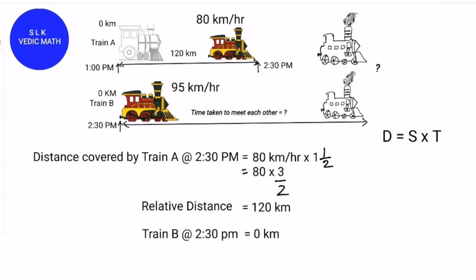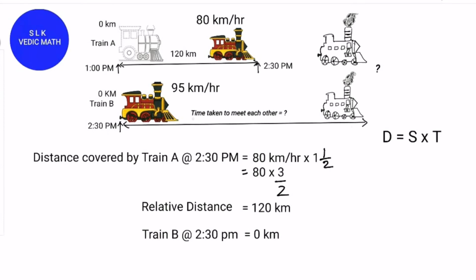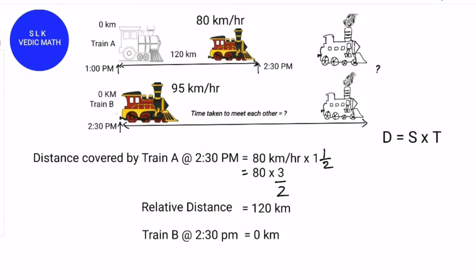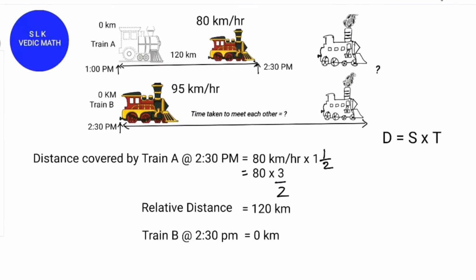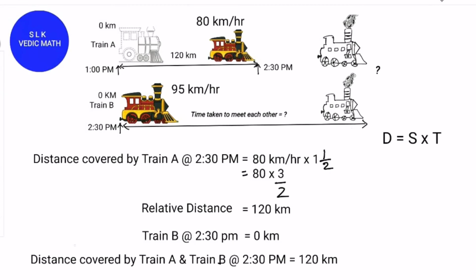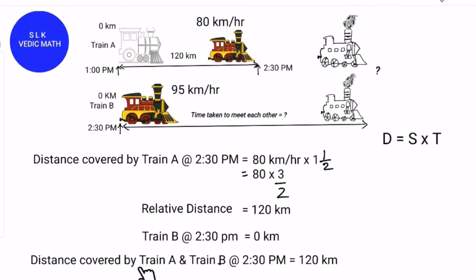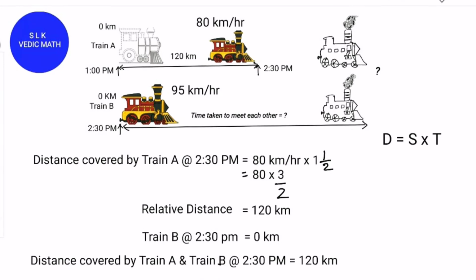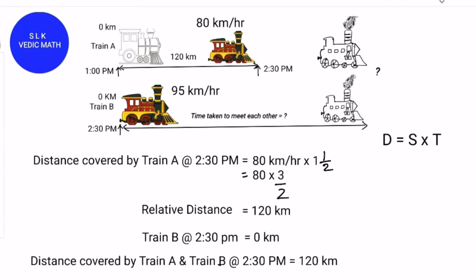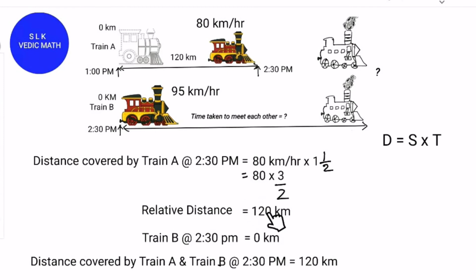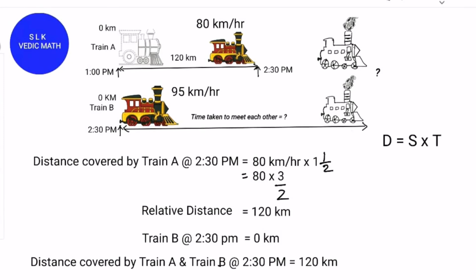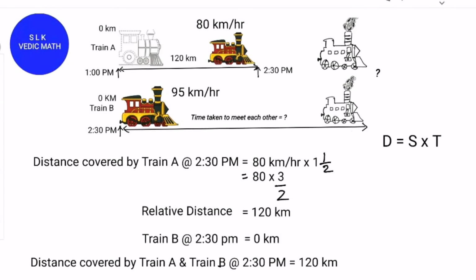And train B at 2:30 p.m. has traveled 0 kilometers. The distance between train A and B at 2:30 p.m. is 120 kilometers, because 120 kilometers plus 0 kilometers is 120 kilometers.